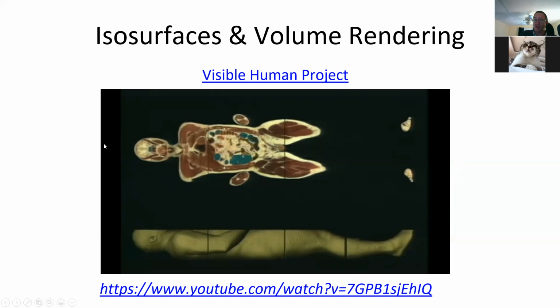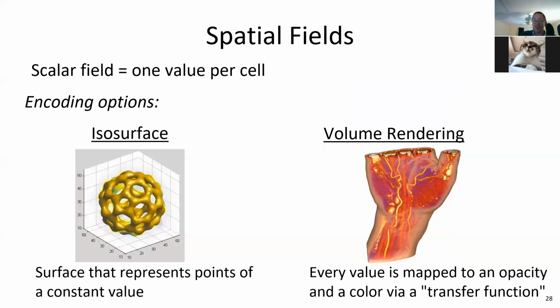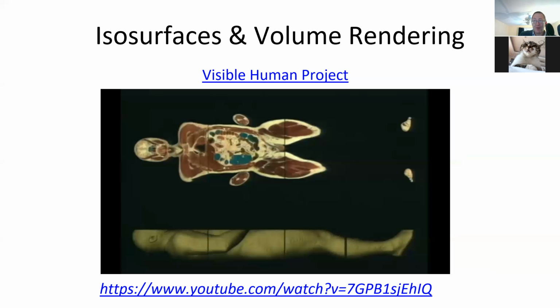That's a planar slice of the body. Or we can do a semi-transparency all the way through, which gives you a sense of where everything is, how things are built together. That's the volume rendering. So I can look at the knee that way. We have a whole bunch of different techniques here.